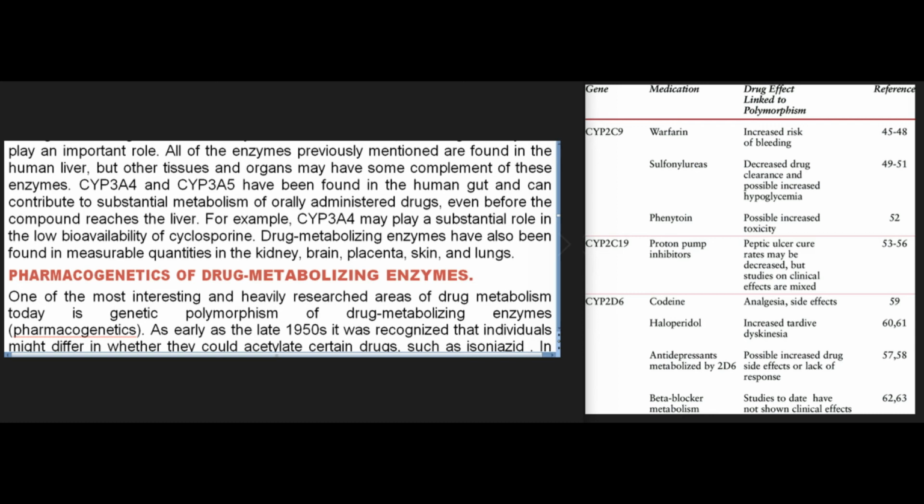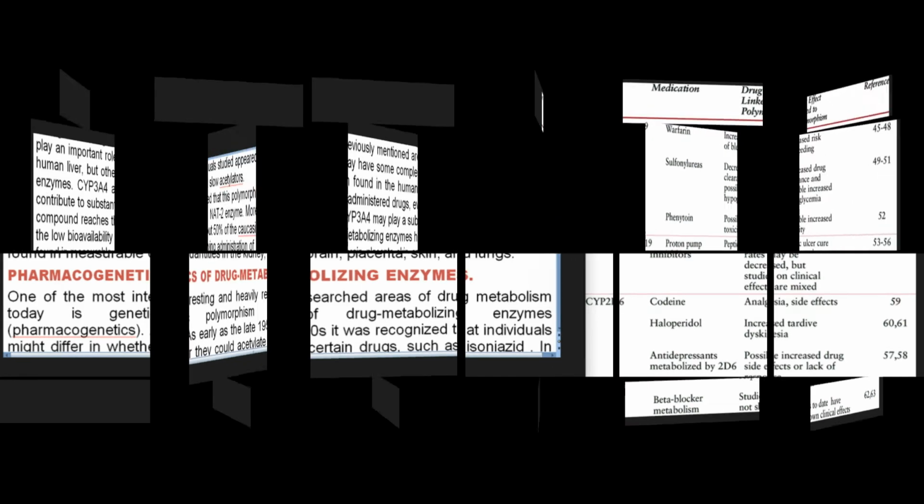Pharmacogenetics of drug metabolizing enzymes. One of the most interesting and heavily researched areas of drug metabolism today is genetic polymorphism of drug metabolizing enzymes, pharmacogenetics. As early as the late 1950s, it was recognized that individuals might differ in whether they could acetylate certain drugs, such as isoniazid.